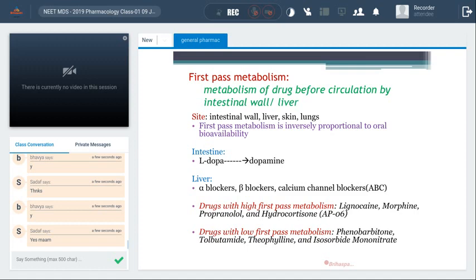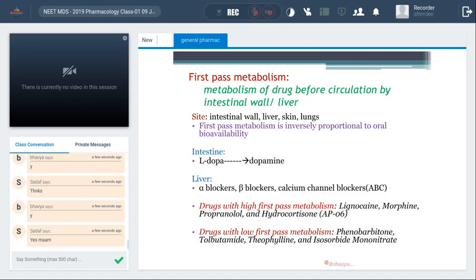It is only given by IV route. Clear? These are few examples: lignocaine, morphine, propranolol, and hydrocortisone. But this is an exception. Though propranolol's first pass is high, it is available as oral drug. Okay, we'll see that.